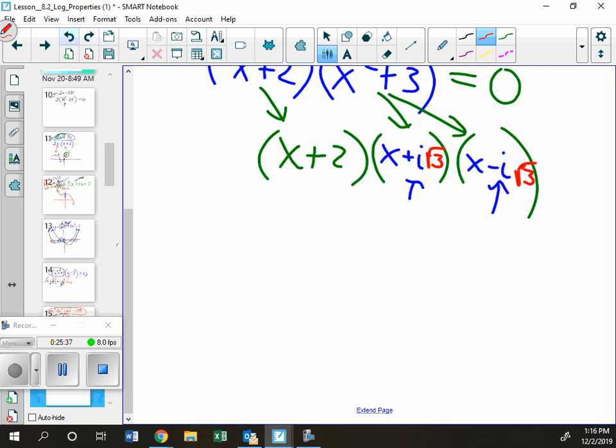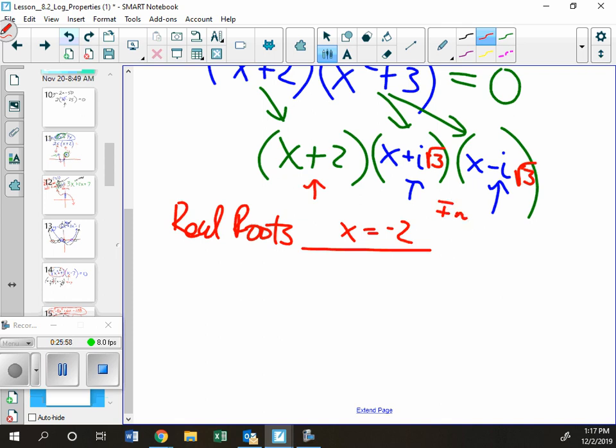And the answers would say, what are the real roots? As in things that would cross the x-axis, the real ones. X equals what? Negative 2, because of this. And then these guys are the imaginary ones. So the imaginary roots, sometimes they call them the non-real roots.